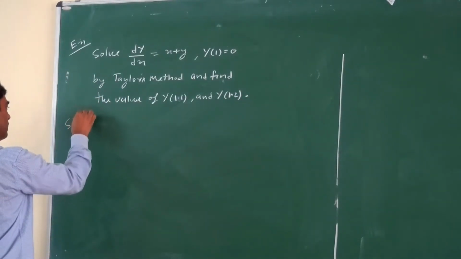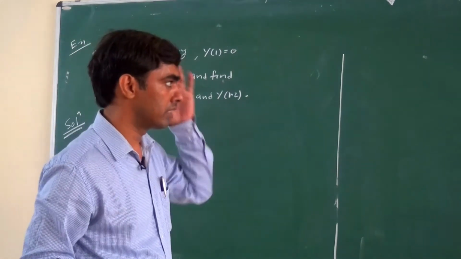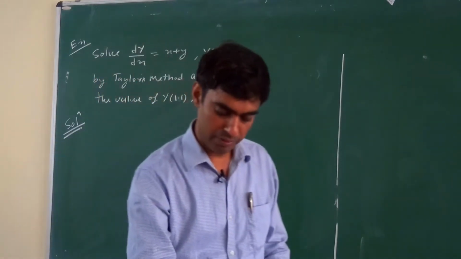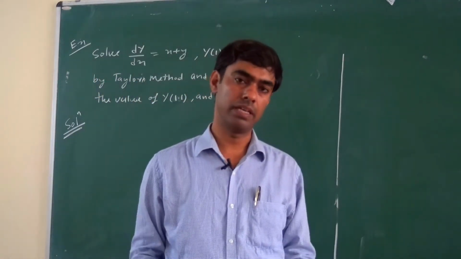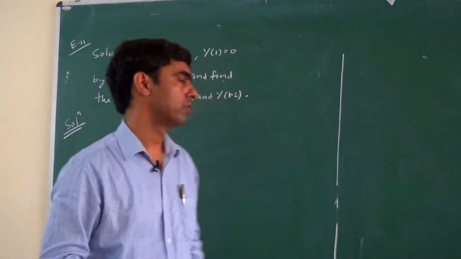Solution. How do we find the solution of this one? We try to find the solution of dy by dx equal x plus y at 1.1 and at 1.2.